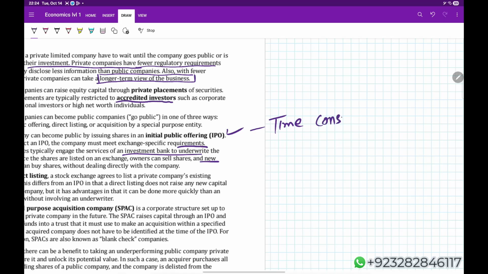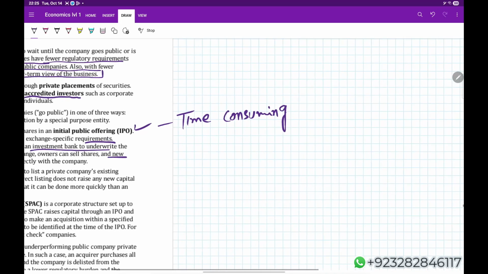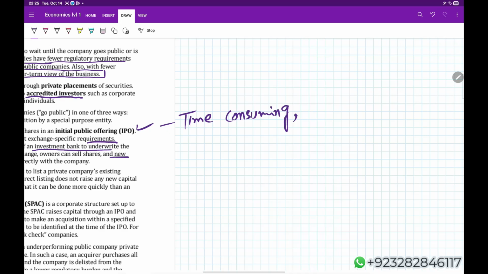It's the first time your shares are being issued, so it involves road shows and heavy marketing, letting the public know who you are and all the financial perspectives of the company, because the public have no idea who the company is or what the investment prospects are. So an IPO takes time, and because the investment bank is involved, it's costly. The benefit is that new money is raised.